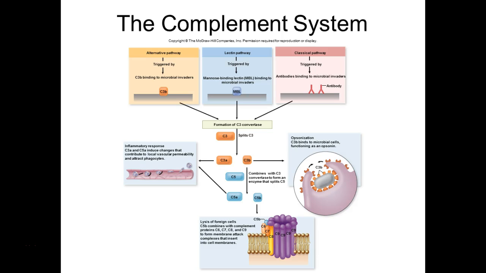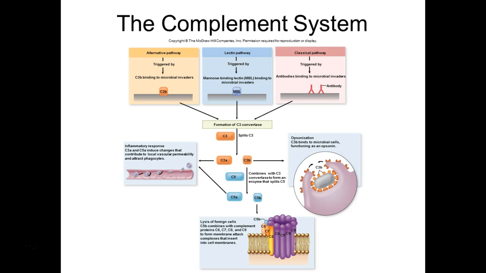The alternative pathway was, of course, discovered as an alternative as our studies became more detailed. The truth of the matter is, most of the time, if it's the first time you've been exposed to a particular antigen, if the complement cascade is being activated, it's via the alternative pathway, not the classical.